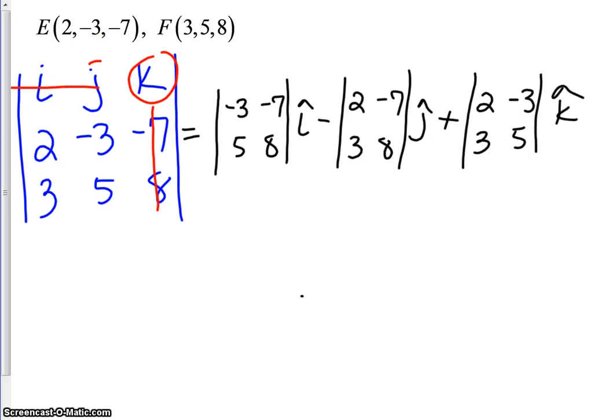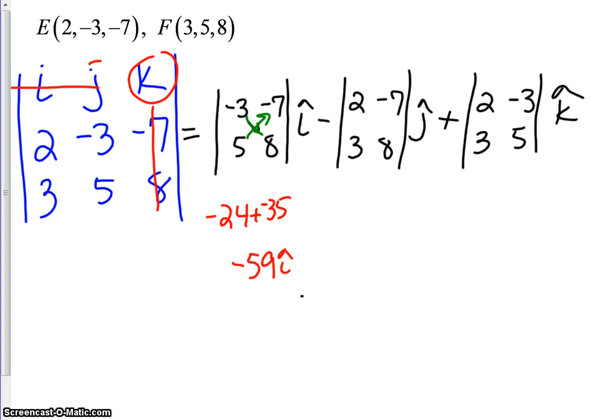So now we have to take the determinant of each of these. -3 times 8, so I'm multiplying down this way and then up this way. So I'm saying here, -24 plus -35. So when I get the determinant of that, I get -59. And I still have my i.